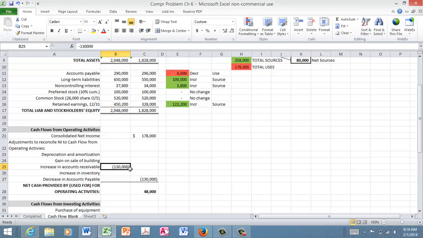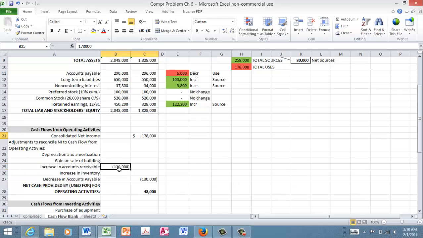Now, let me explain a little bit of theory on why that is. If accounts receivable went up, when you record your sale and you're debiting accounts receivable and crediting revenue, that is augmenting or bolstering or causing the number to increase. It's causing net income to go up. I mean, that should make sense to you. As I book revenue, my net income is going to have a positive effect on it.